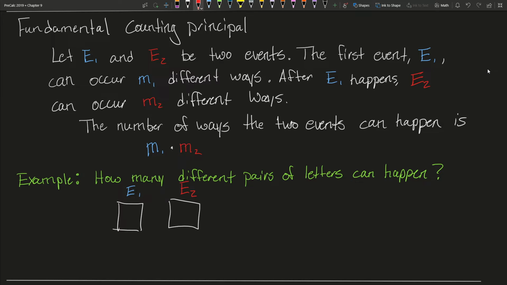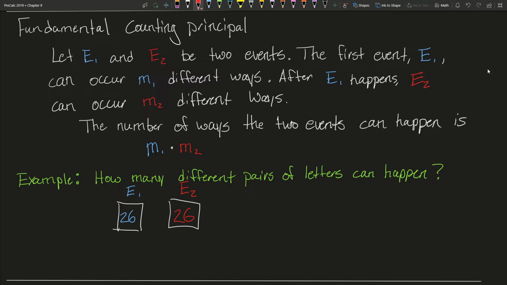So if we're just getting pairs of letters, we need to figure out how many different letters can happen in the first position. Okay, and the first position letter can happen 26 different ways because there are 26 different letters in the alphabet. The second event, or the second position letter, can also happen in 26 different ways.